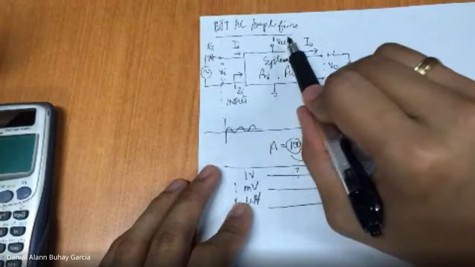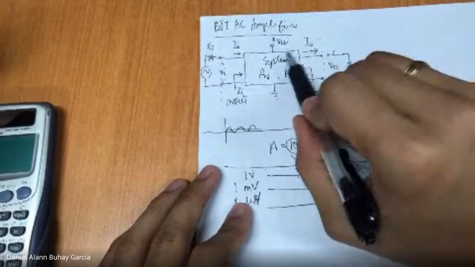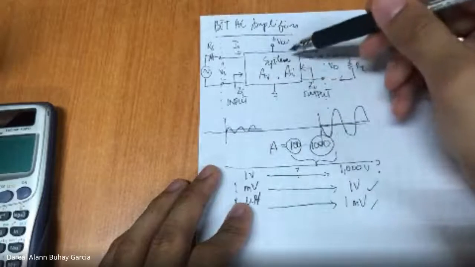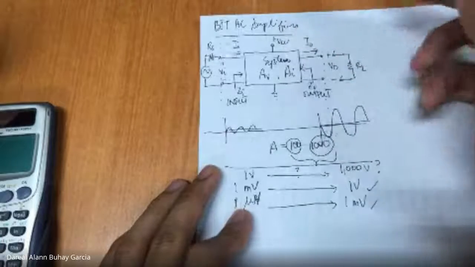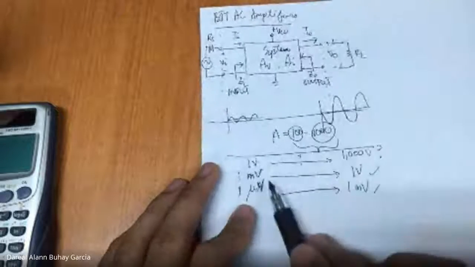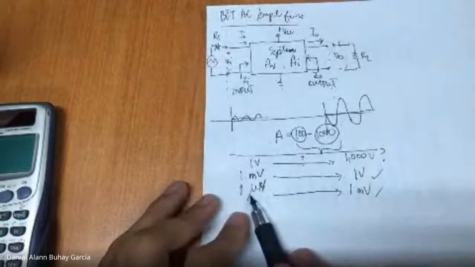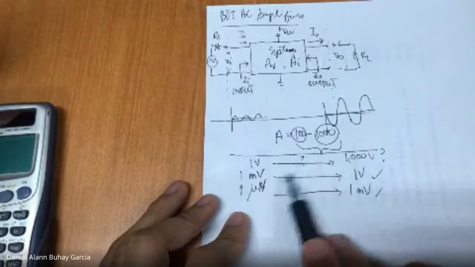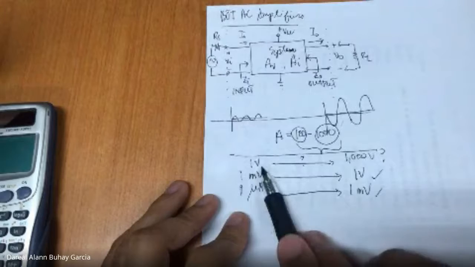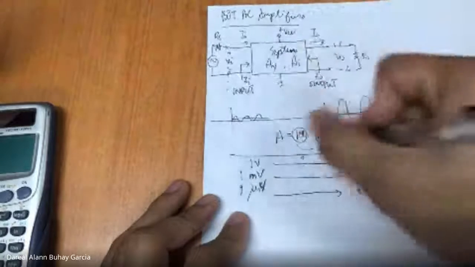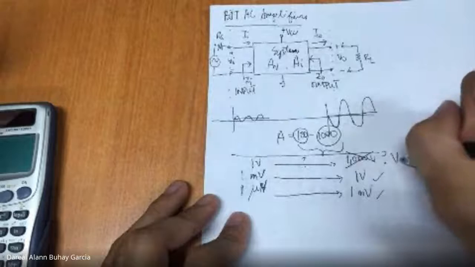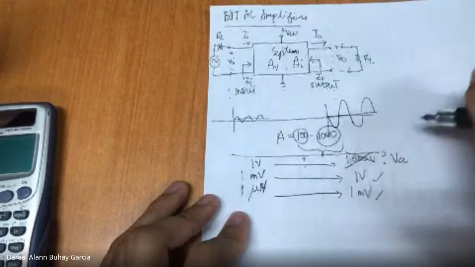Siguro, close in na, not yet totally equal, kay mukhaan pa mag-voltage ang mga components sa sulod sa transistor or sa system, but close enough to VCC. No? So, ang 1 microvolt, makaya niya og transform to 1 millivolt. Ang 1 millivolt, tungkol kay 1,000 yung gain, pwede niya makatransform to 1 volt. So, ang 1 volt, tama na siya sa VCC. No? So, dili ni 1,000. Tama na siya sa, or at least approaching VCC.